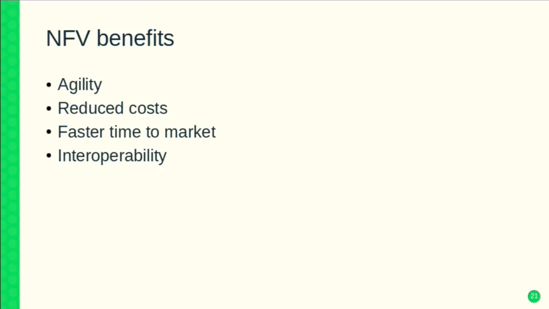You have faster time to market because, again, you don't need somebody that physically climbs on a rack to install all your physical devices. And you have interoperability because if everything is virtual, it's easier to enforce interoperability instead of having 1,000 physical devices that are produced by different vendors.